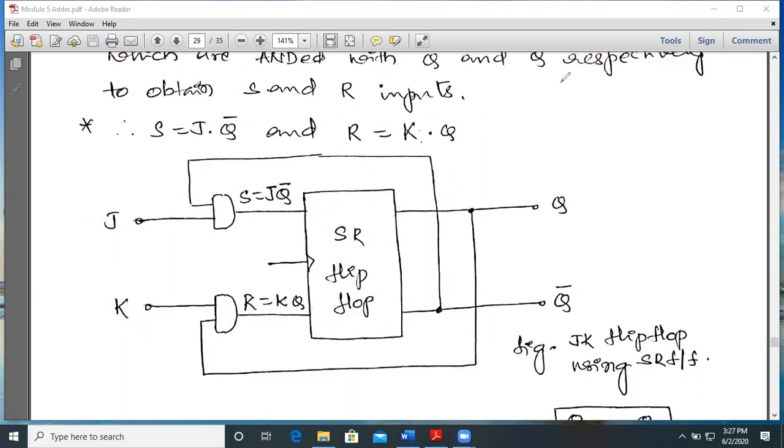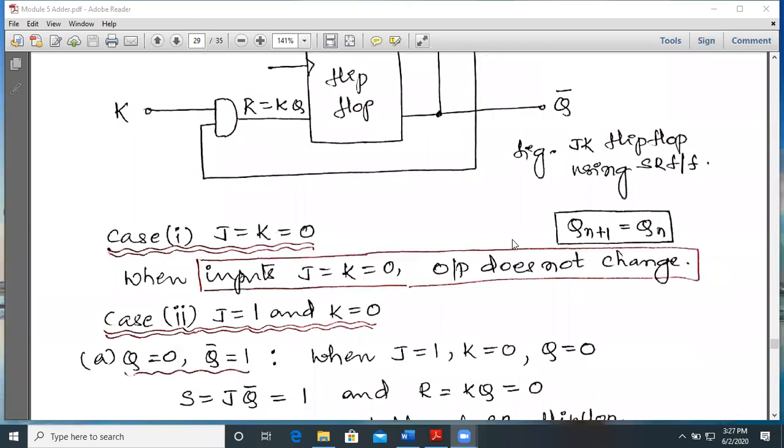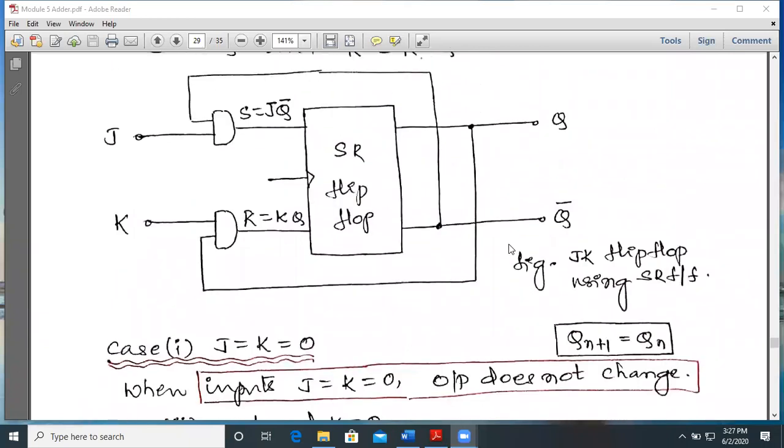How it overcomes this forbidden state, we need to see by analyzing all 4 different cases. All 4 different cases arise because we have J and K as 2 inputs.